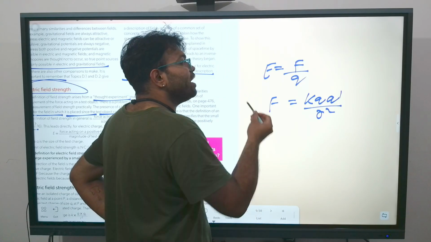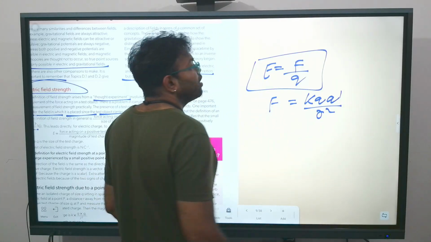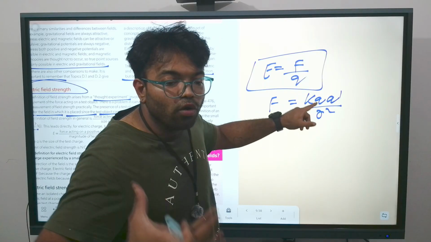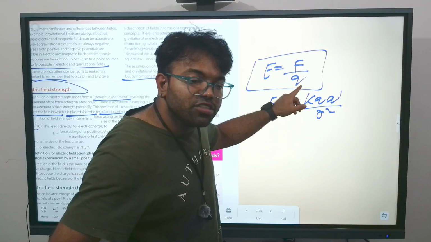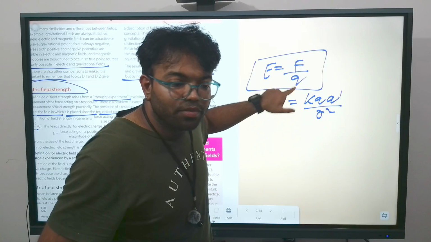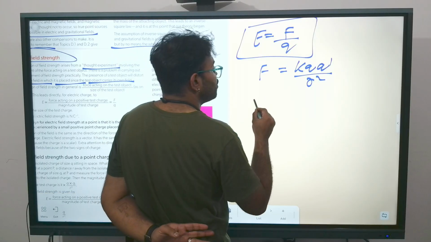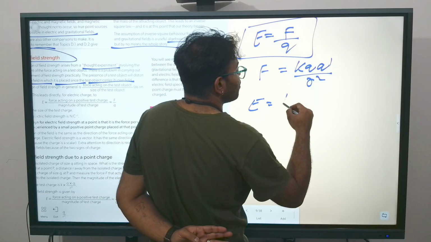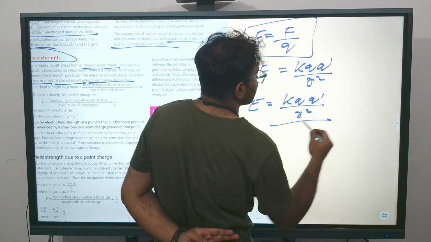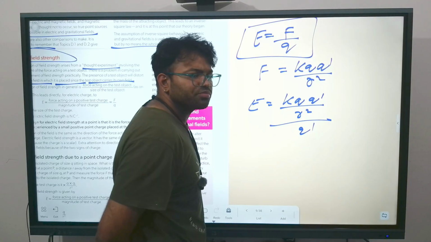Okay, so by definition, electric field strength should be equal to the force existing between our charge and the test charge, upon the charge of the test charge. So by this logic, we should say that E is equal to K Q Q dash upon R square, the whole upon Q dash.